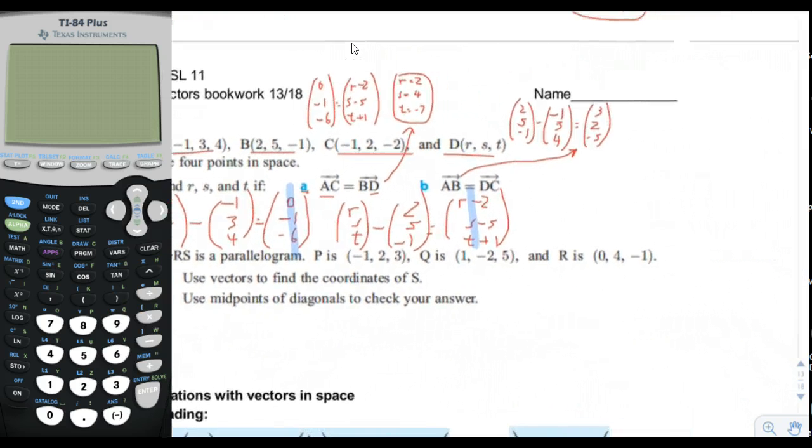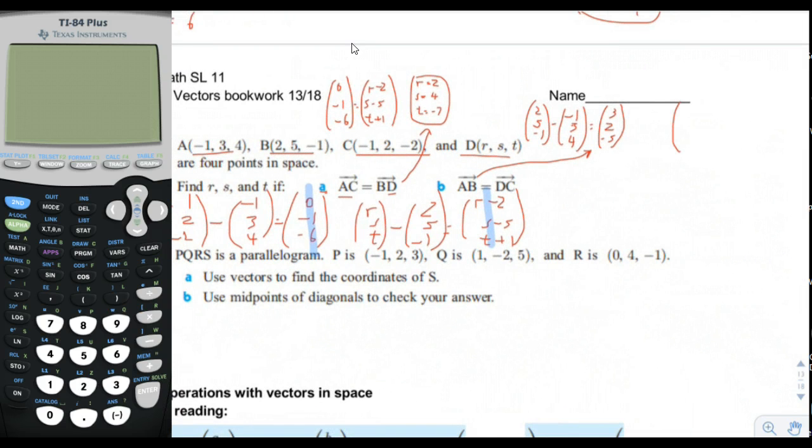So DC would be R minus -1, S minus 2, and T minus -2. Oh, I'm sorry.